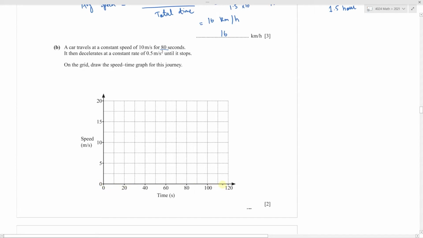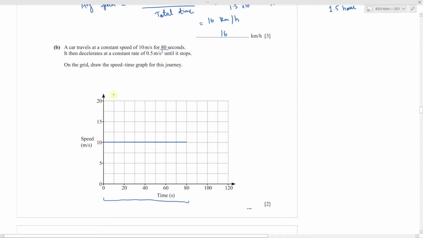So for the first 80 seconds, your speed is 10 meters per second. So you'll draw a straight horizontal line because it is a constant speed. So your car is traveling at a constant speed of 10 meters per second up till the first 80 seconds.